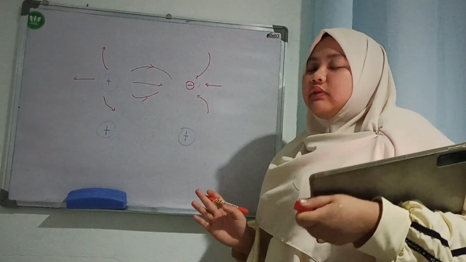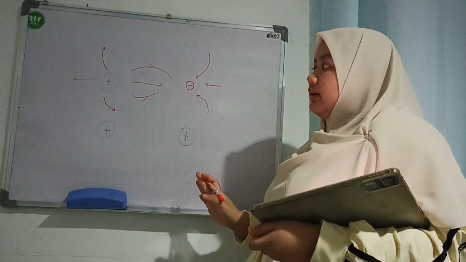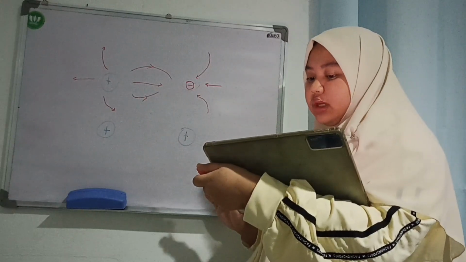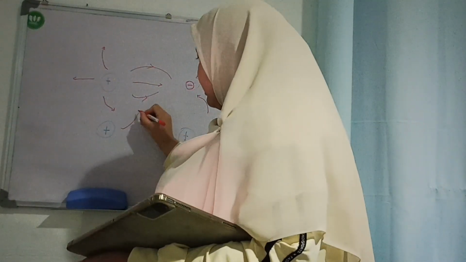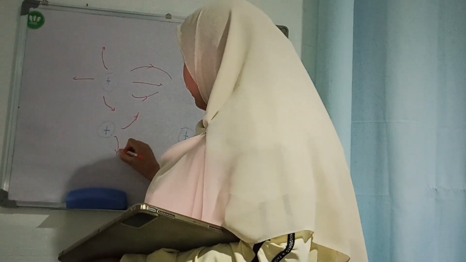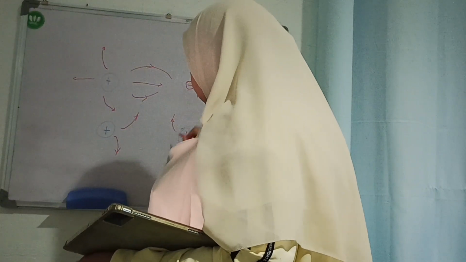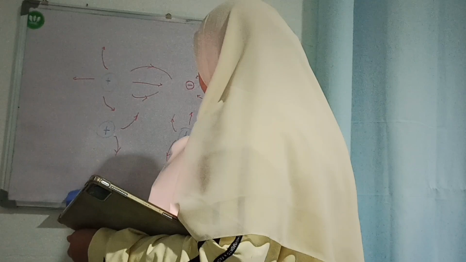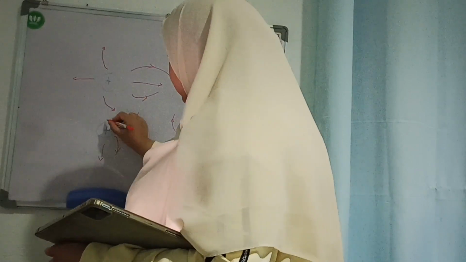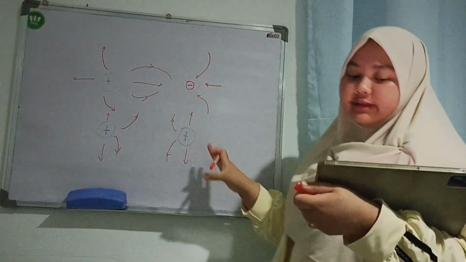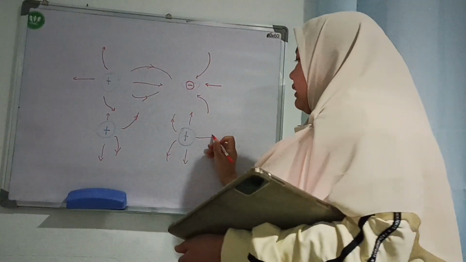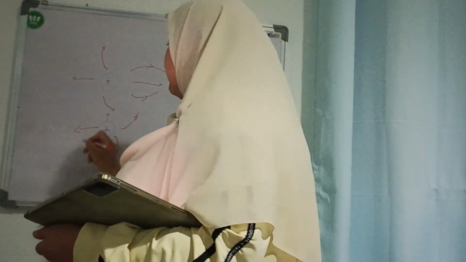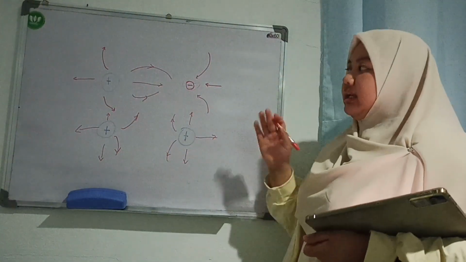So we will also look at this. What will happen if we put two positive charges together? They will move away instead of going towards each other. The diagram will look something like this.